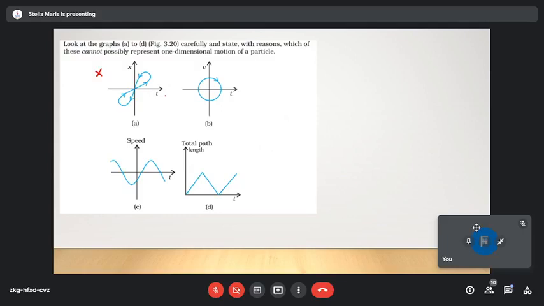They can pass through the y-axis, that is not a problem. See here, the y-axis is nothing but position only. So on the y-axis they cannot go. Right. And another reason. Yeah, you are right.